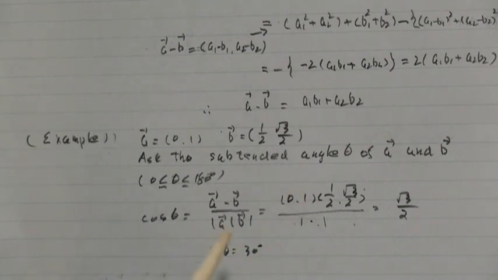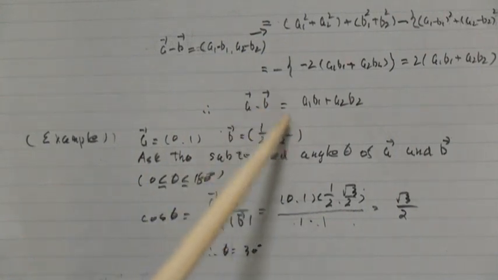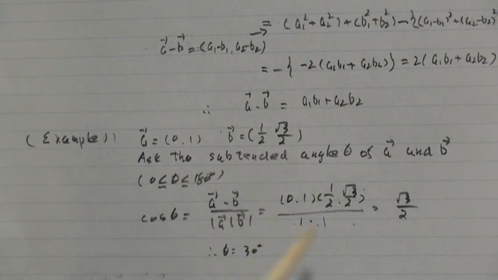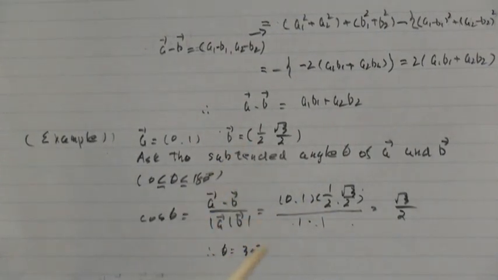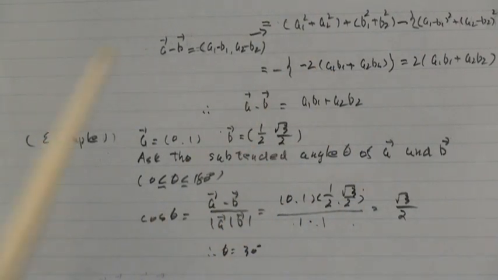Then |B| squared equals square plus square, then 1. Then |B| equals 1. And A·B equals A1 B1 plus A2 B2.